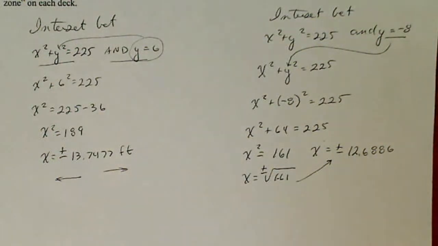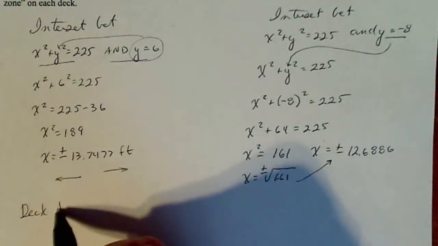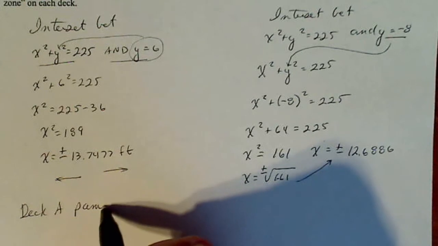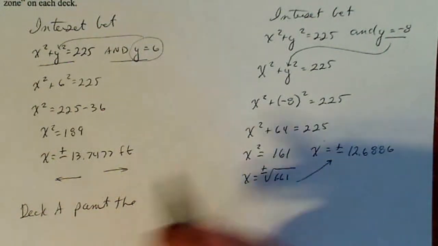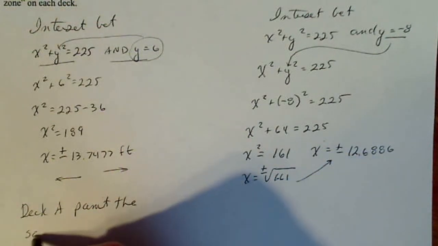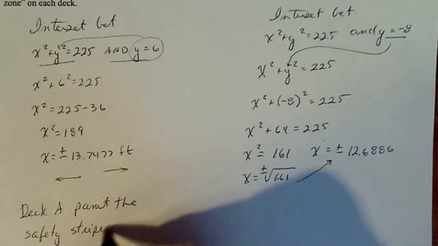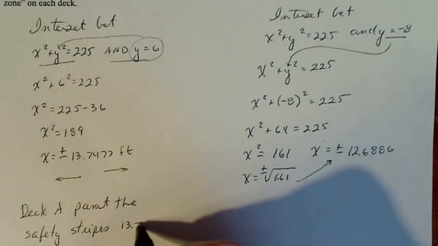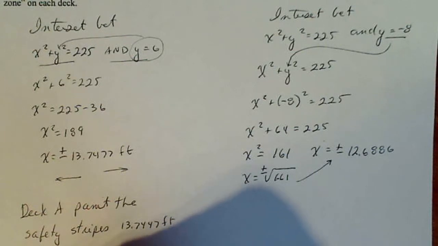So how you have to actually answer the question: you would say over here, deck A, paint the safety stripes 13.7477 feet from the center in each direction.